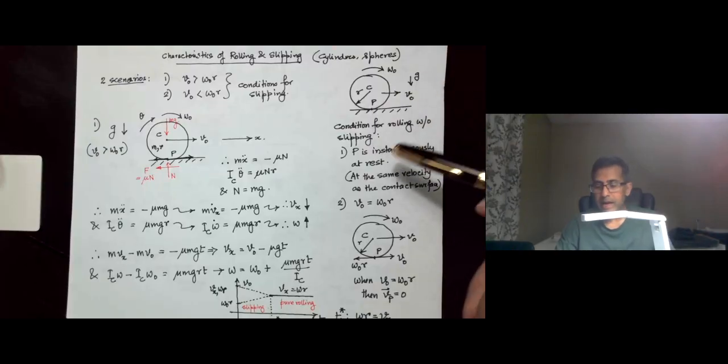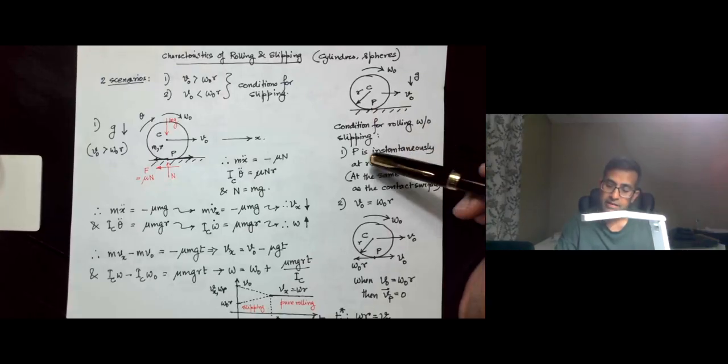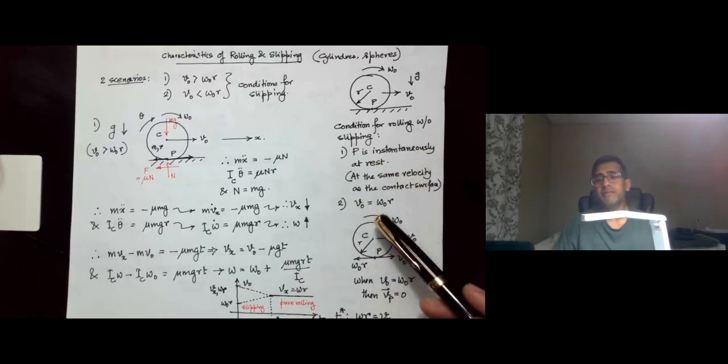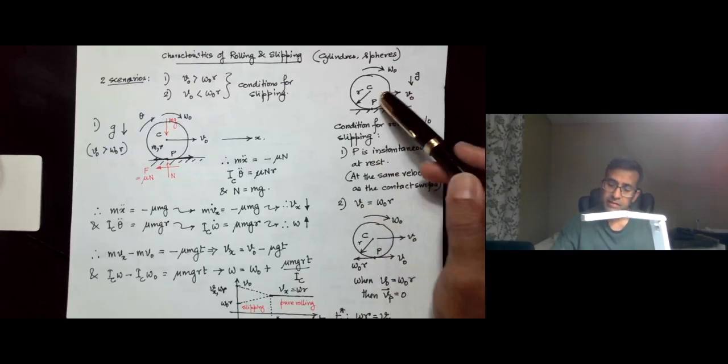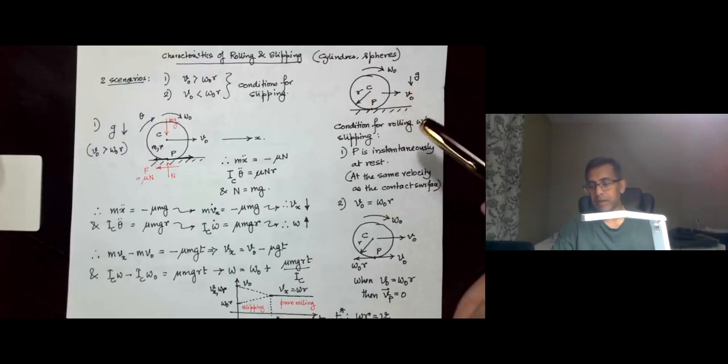So we started off by making the basic observations that if there is a disk that is rolling and slipping, then the condition for rolling without slipping is that the point P, which is the point of contact with the ground, is instantaneously at rest, and that basically implies that the linear velocity with which the disk is moving is equal to the angular velocity times r.